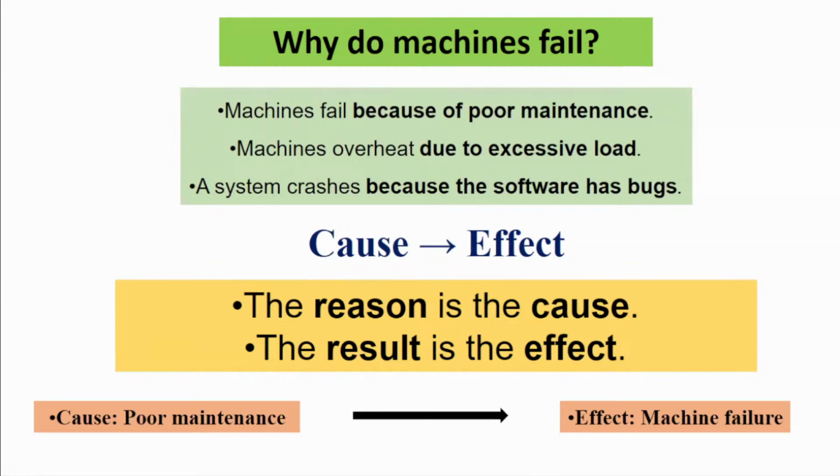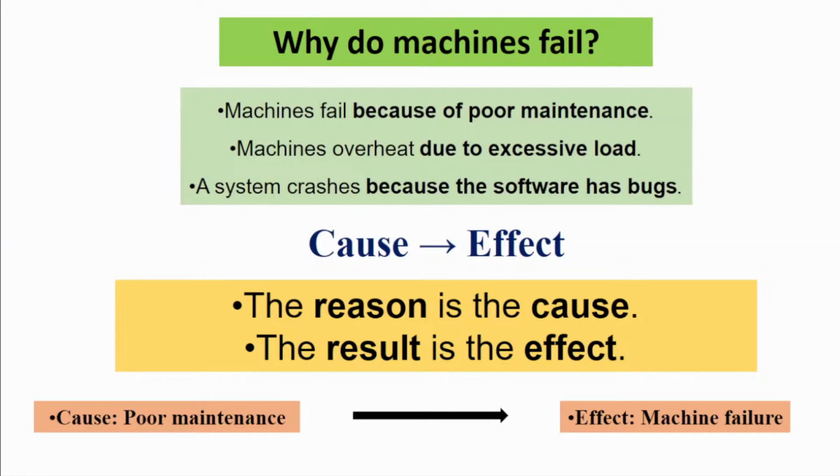Because of the poor maintenance. Poor maintenance is the cause or the reason why the machine failed. If you just ask this question, what is the reason for the machine failure? Then what is the reason? It is the poor maintenance. So that becomes the cause, which is the reason.